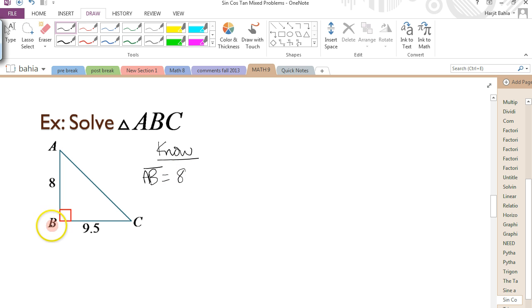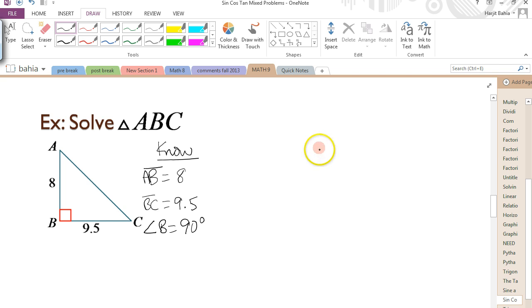We also know that side BC is 9.5. We also know that this is 90 degrees, because that boxy thing is always 90. So how do you show that angle B is 90? Angle B is 90 degrees.